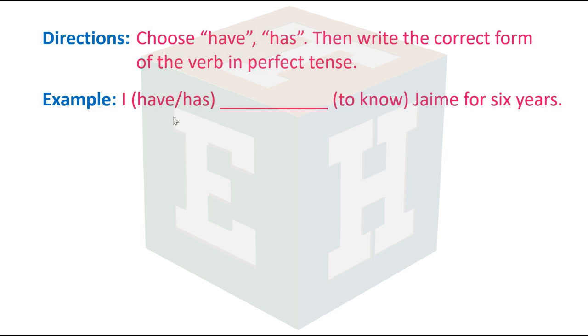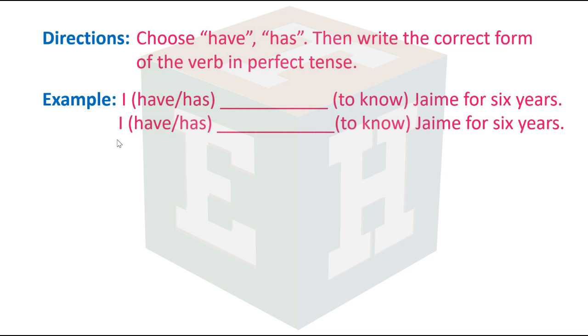Example: I have, has, blank to know Jaime for 6 years. Answer: I have known Jaime for 6 years.